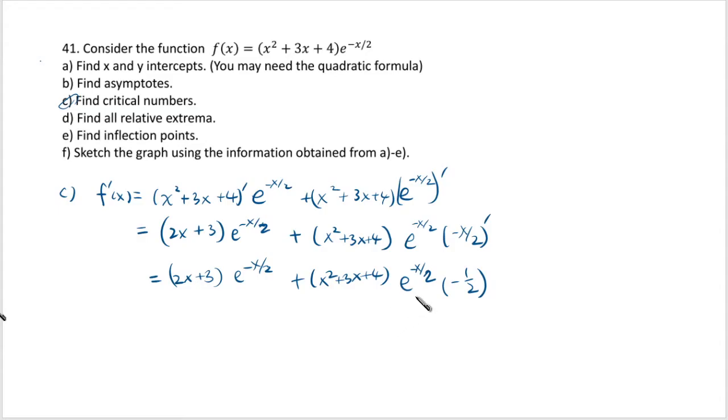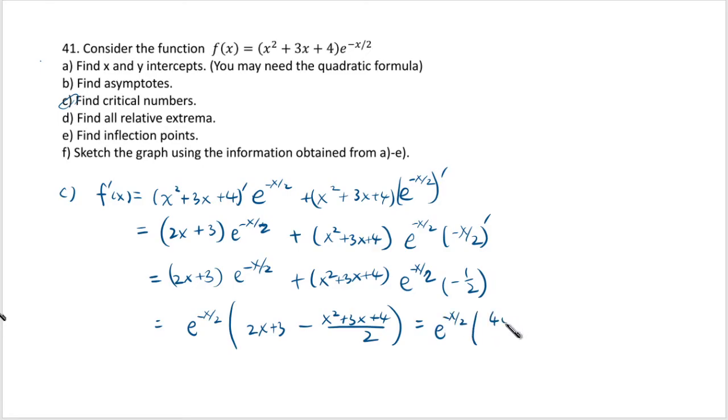Alright, so we can factor an e to the negative x over 2 out. And after that, I'm going to get 2x plus 3 from the first one, but minus 1/2, so minus (x squared plus 3x plus 4) over 2. Now let's make common denominators by multiplying this by 2 and dividing by 2.